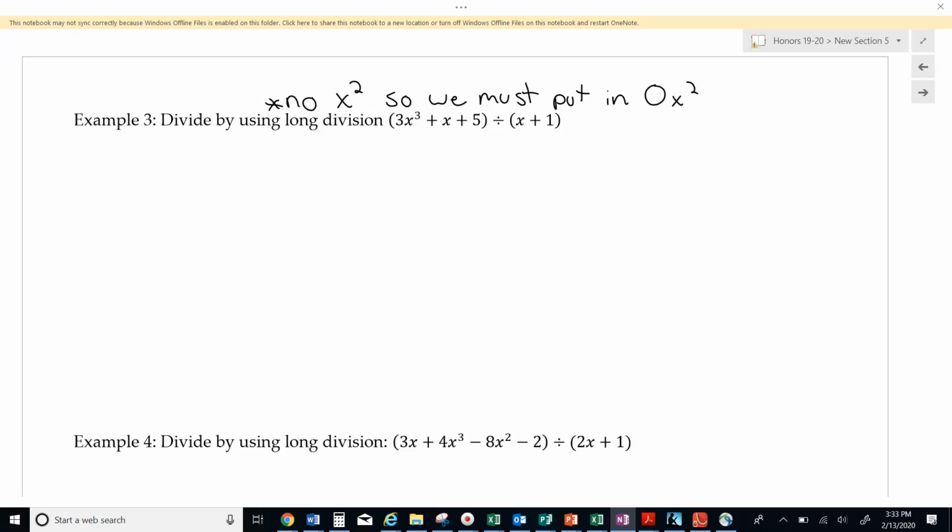It's the same idea as 2055, 56, I want different numbers, is not the same number as 256, right? The 0 is important. And when we do division, it's the same idea. We need a placeholder. Okay, so this 0x squared is like our placeholder.